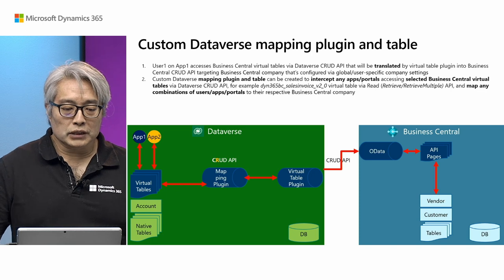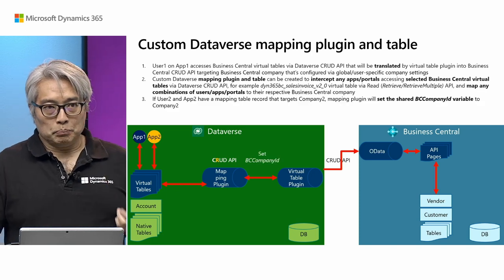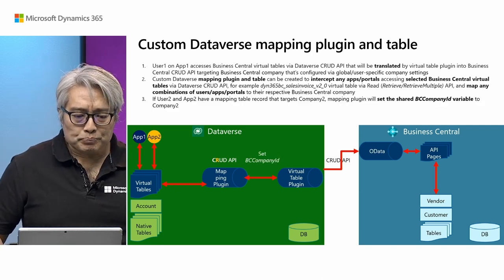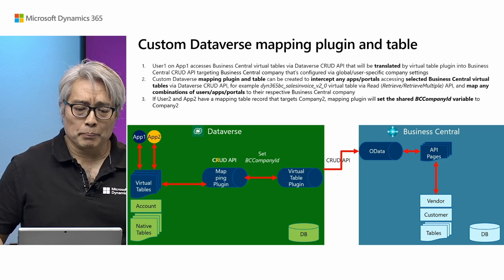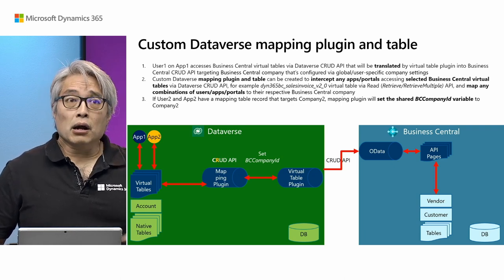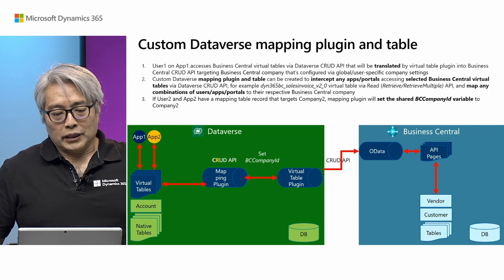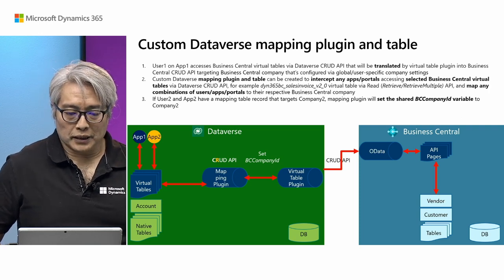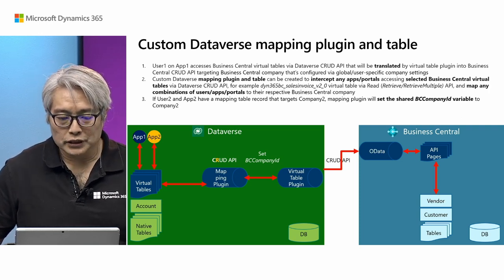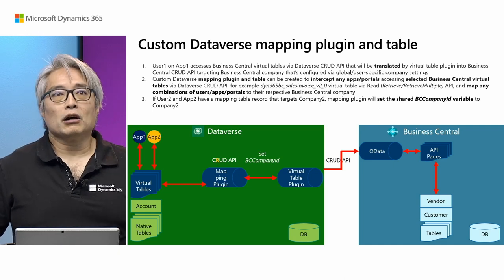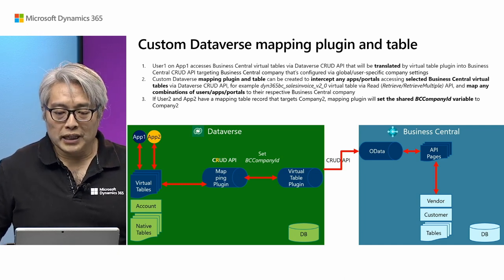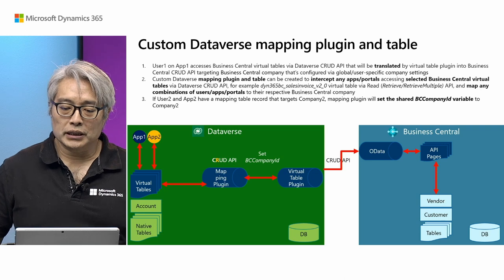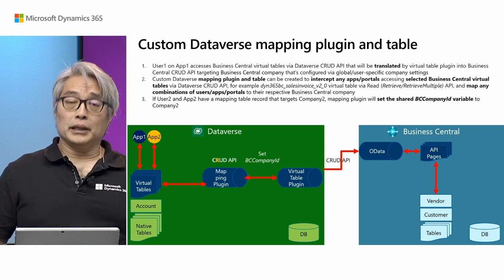The way it works, for example in the second picture, is when user 2 and app 2 have a mapping table record that targets company 2, and it requests access to the sales invoice table, the mapping plugin will intercept that request and set the shared BC company ID variable to company 2.